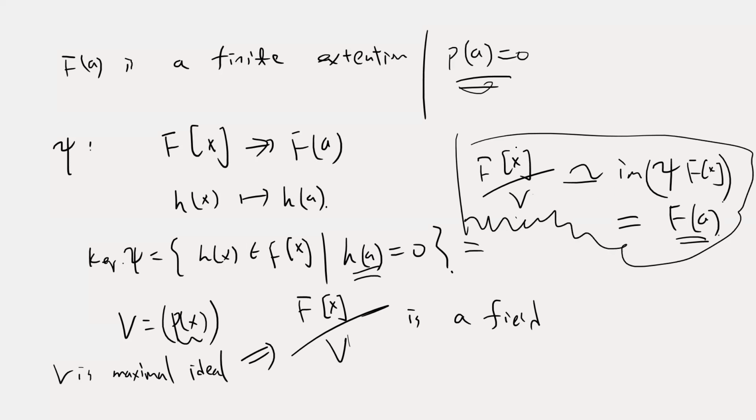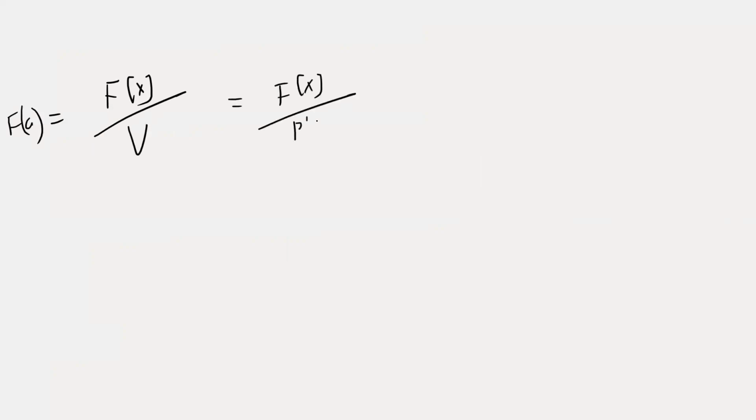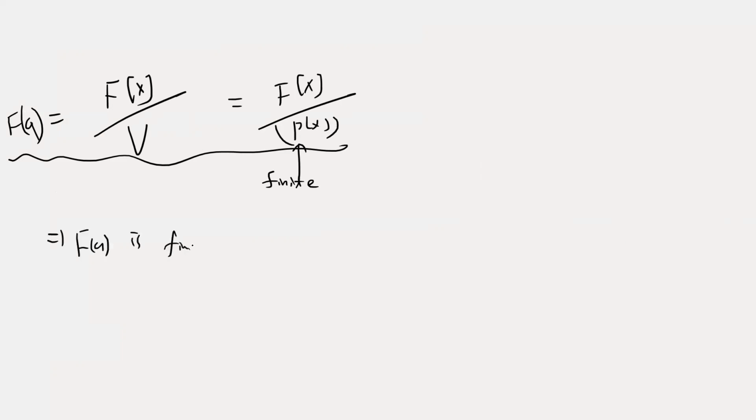Now you notice that F adjoin a is F[x] modulo (P), where P is just the irreducible polynomial generating this ideal. So you know that this is finite dimensional. It's a polynomial, right? So up to some order, it must repeat, so it tells you that F(a) is finite dimensional.